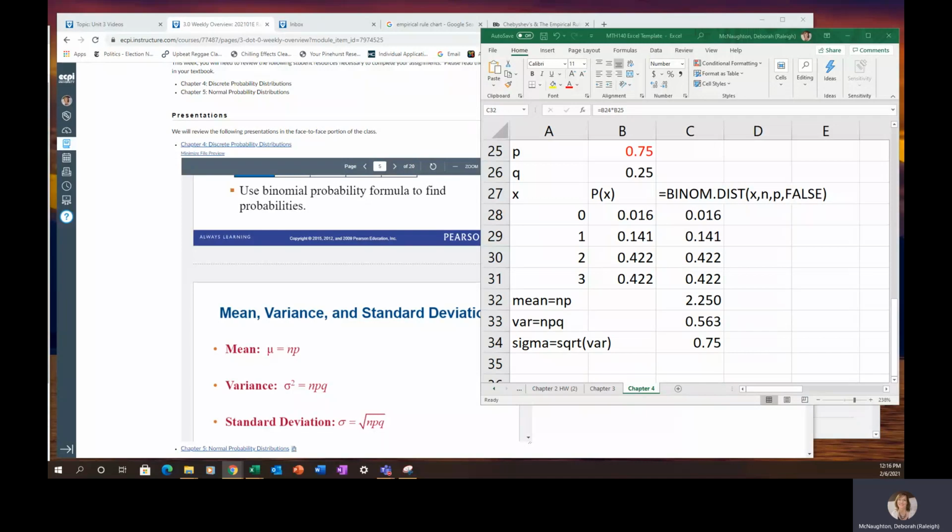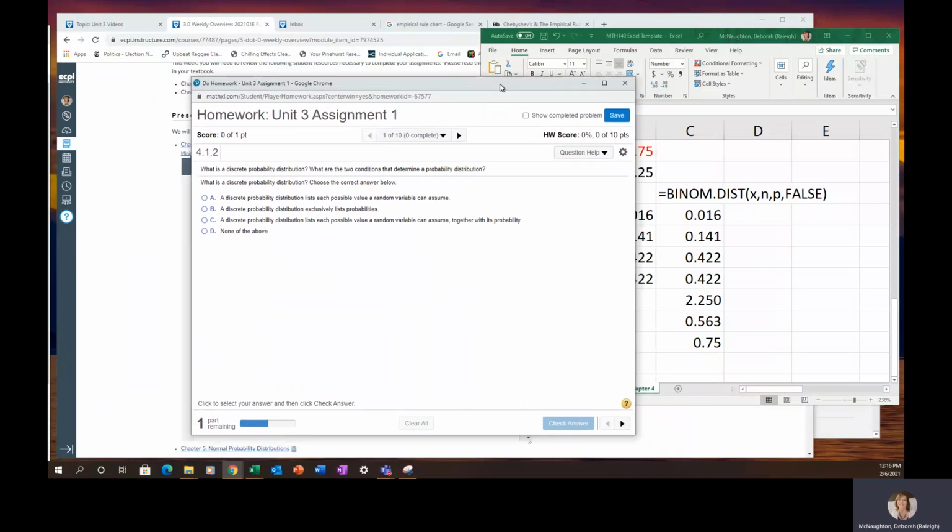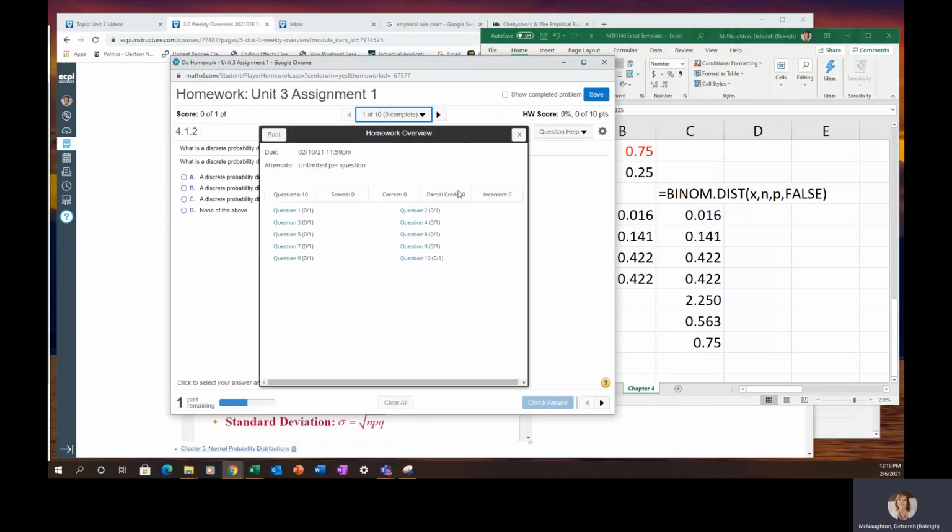Okay, so this is Unit 3, Assignment 1. All right, and we can now do numbers 6 through 8.